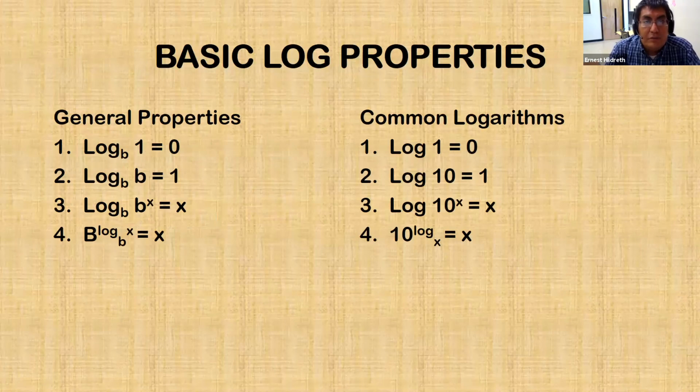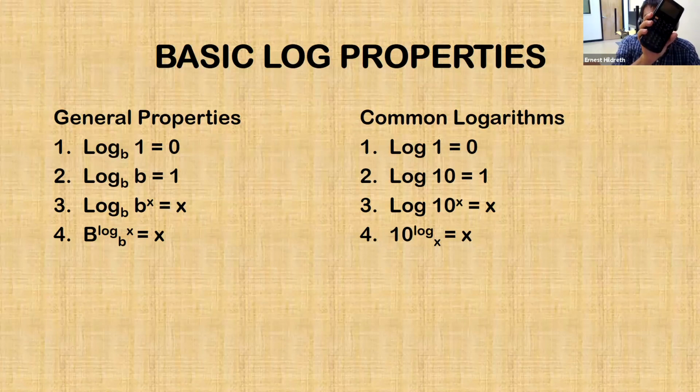So we have some basic log properties. The general ones are that log base b of 1 is equal to 0, and log base b of b equals 1, and log base b of b to the power of x will equal x, and b to the power of log base b of x is equal to x. And you can also do this on your calculators.